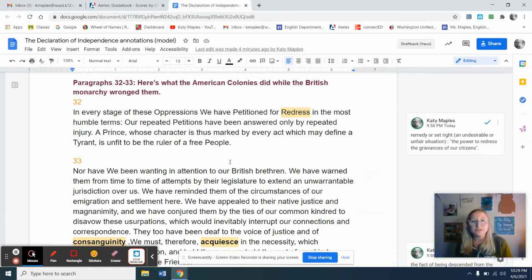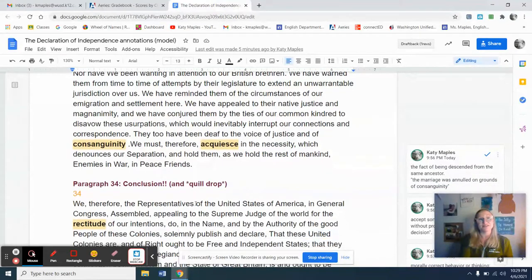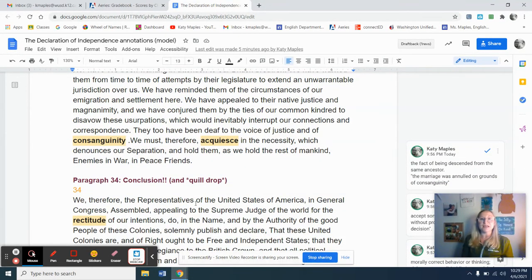We have appealed to their native justice and magnanimity, and we have conjured them by the ties of our common kindred to disavow these usurpations, which would inevitably interrupt our connections and correspondence. They too have been deaf to the voice of justice and of consanguinity, which means brotherhood.